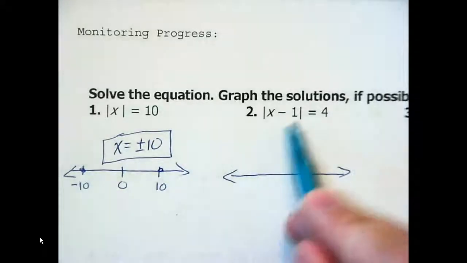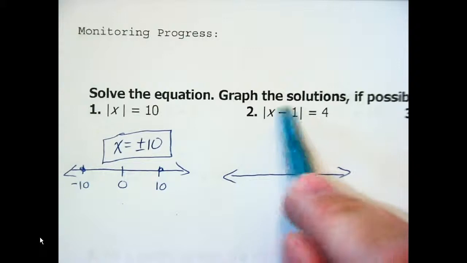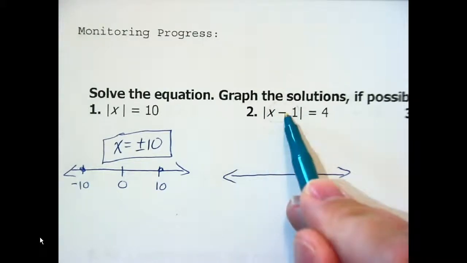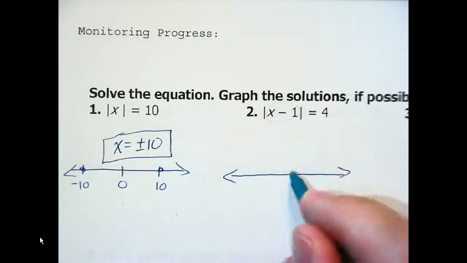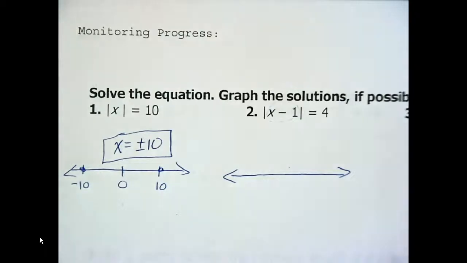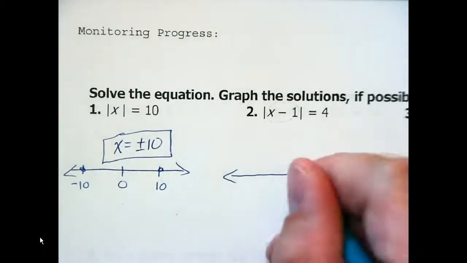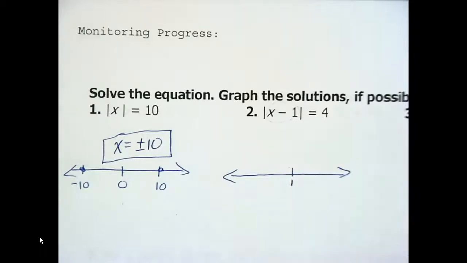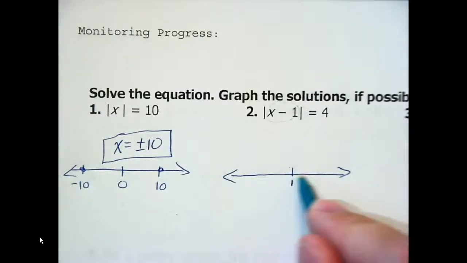All right, so this right here, we're trying to make 0. What will make this 0? Yeah, if x is 1, that's 0, right? All right, so we want to go to 1 on our number line. That's where we start. And how far do we move?